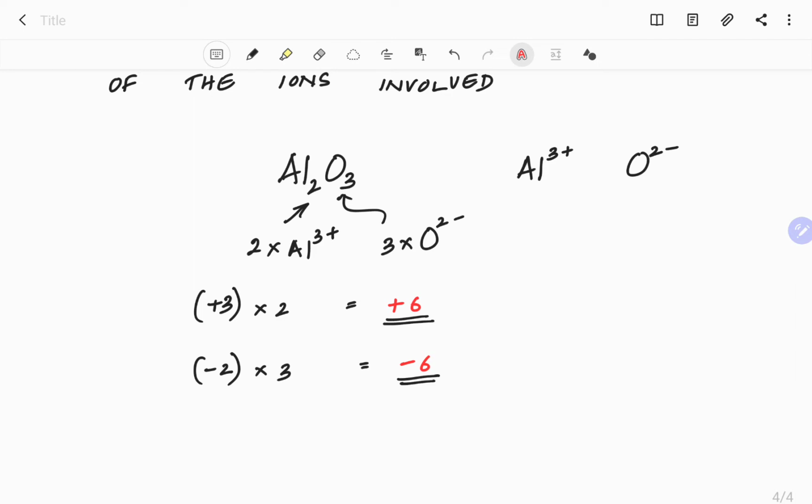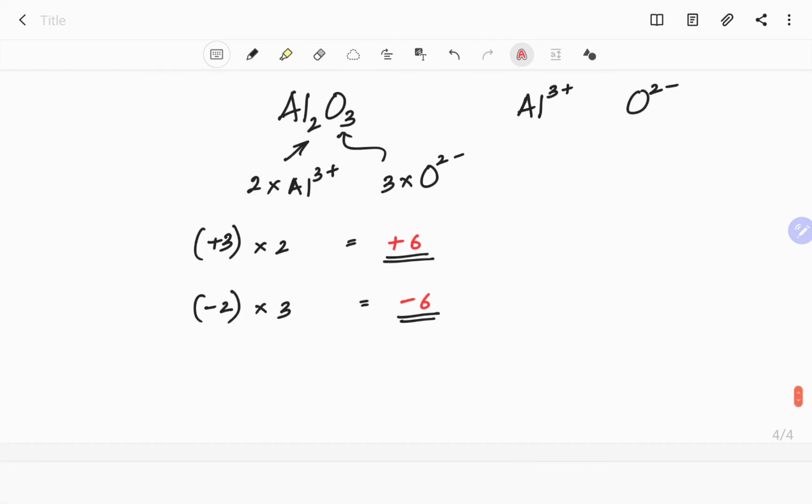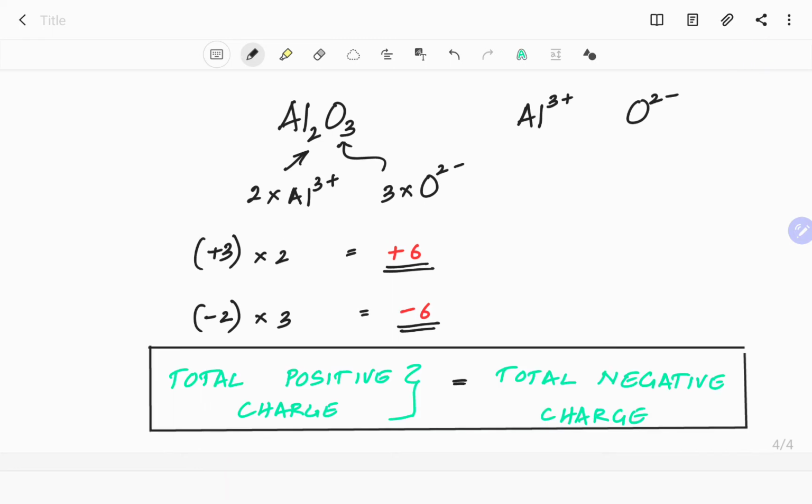That is the whole purpose of writing chemical formulas for ionic compounds. The chemical formula should have the total positive charge equal to the total negative charge.